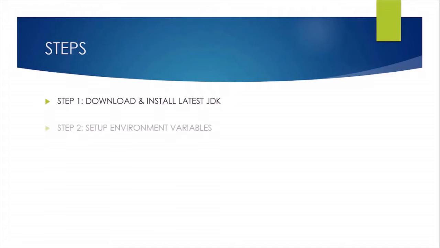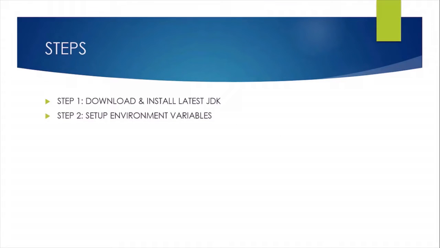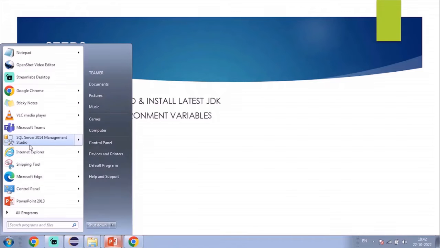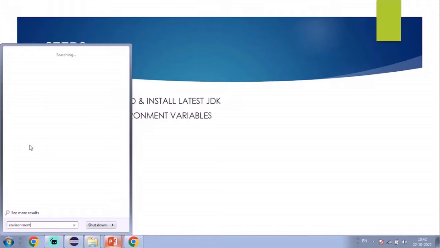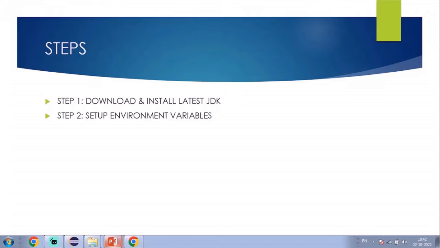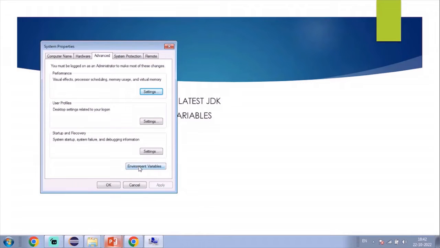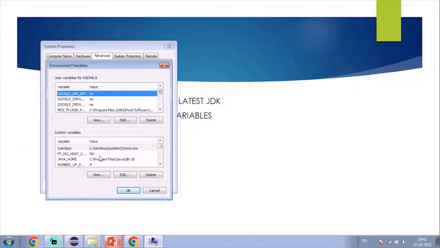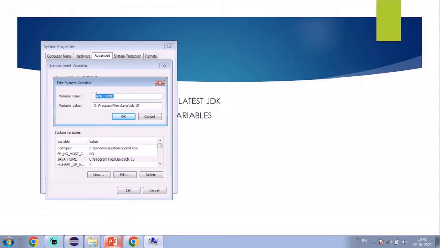The next step is to set up the environment variables. Click on Start, search for environment variables. Choose the second option, edit the system environment variables. Click on environment variables and under system variables, create a variable with the name Java_home, and point it to the directory where you have installed your JDK.